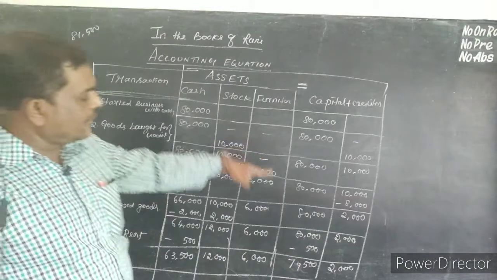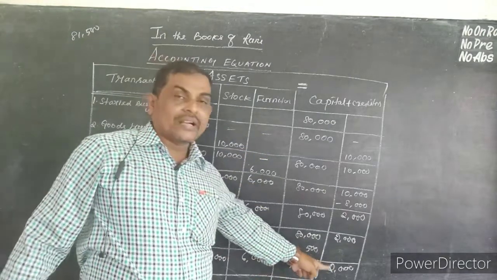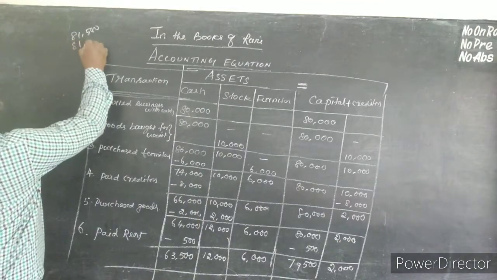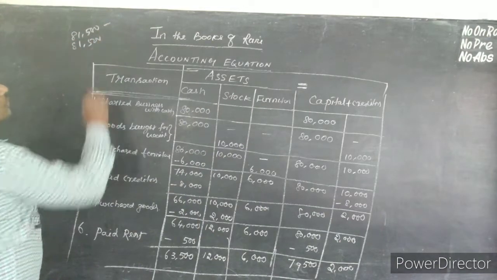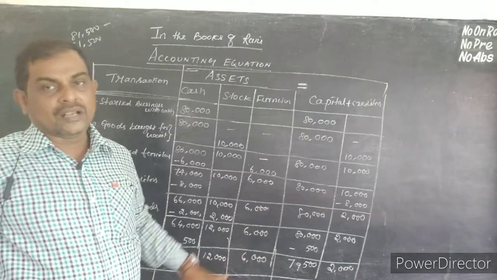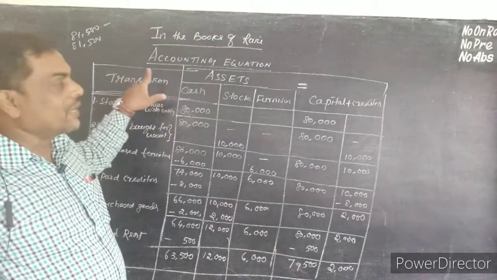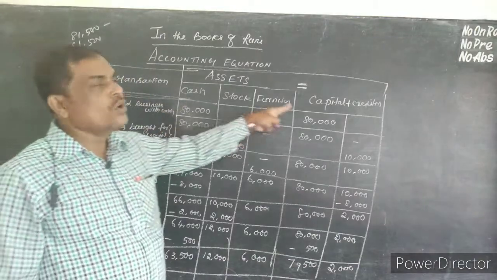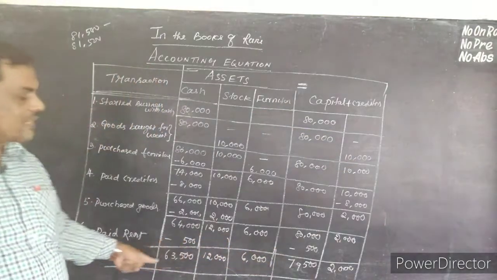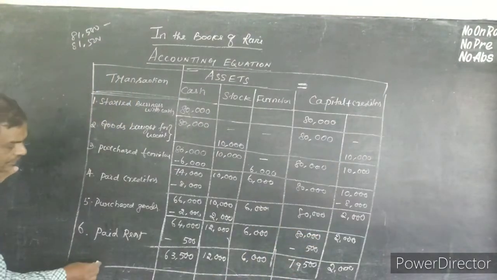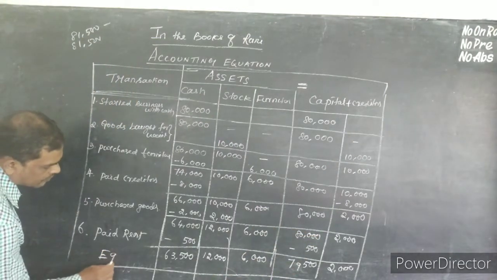Come to the liability side: 79,500 plus 2,000 is equal to 81,500. So assets is equal to capital plus liabilities. Yes, it's tallying. Our equation is correct. As per the accounting equation, assets should be equal to capital plus liabilities. At last you put the equation here.